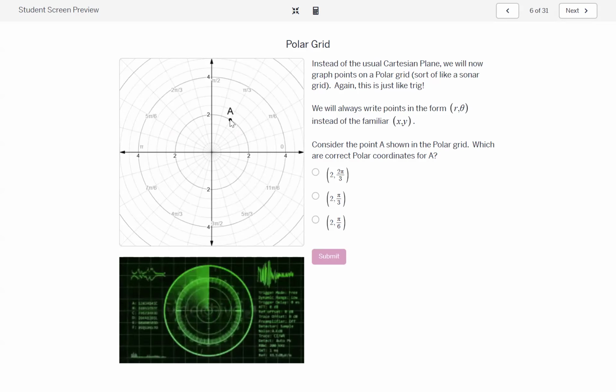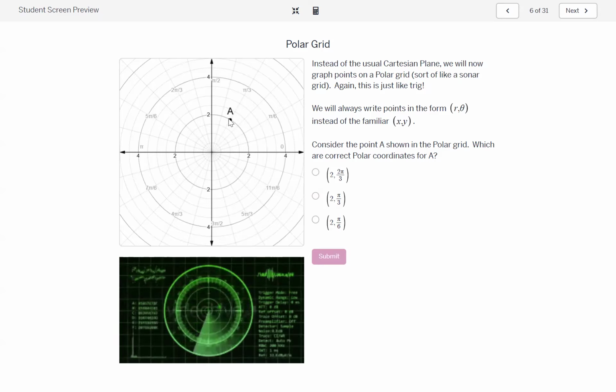So we're looking at this point A on the grid, and we want to come up with the polar coordinates for this point A. We see that the grid, instead of being a bunch of rectangles, looks like a weird spider web. There's a whole bunch of rings, and then a whole bunch of radial lines. The rings correspond to our radius number.